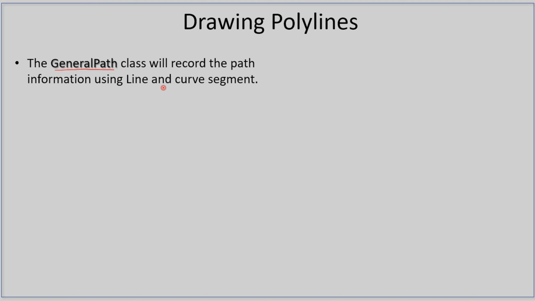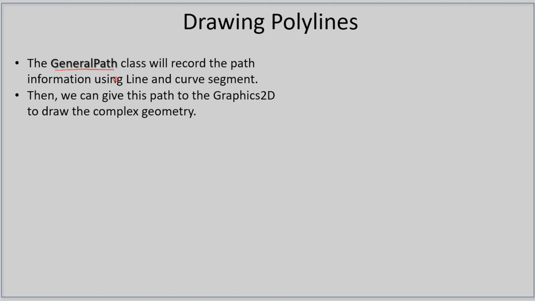Drawing a rectangle or circle are all standard shapes. Here, using GeneralPath, we can define a user-defined shape. Once the path information is ready, we can give this path information to Graphics2D to draw complex geometry.